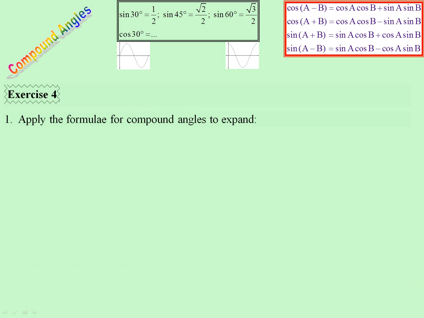Let's go with the answers. So this is the first one. Expand. Now we're expanding. So we're just applying these formulas. So it's a case of recognizing A minus theta, first one. There we are.